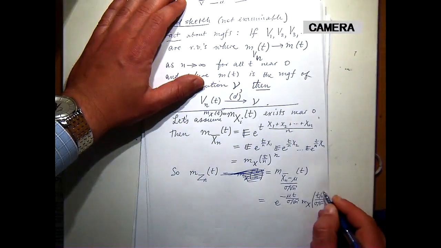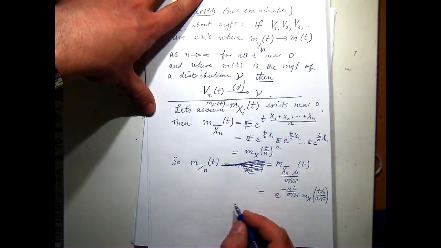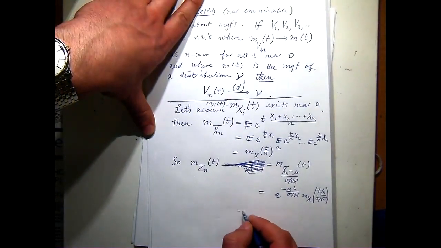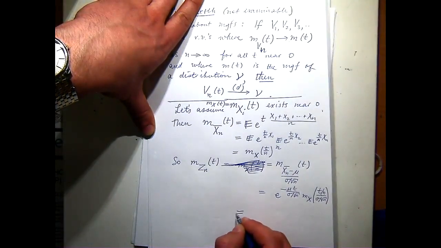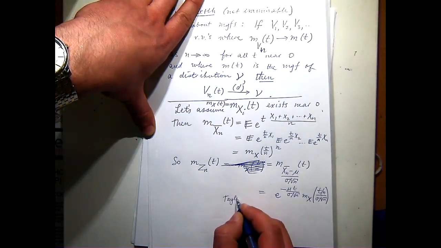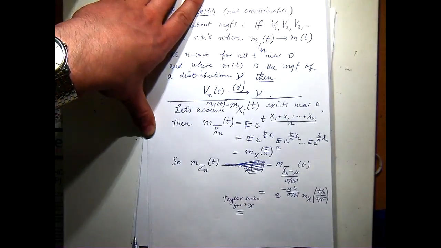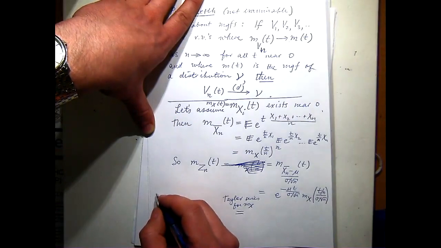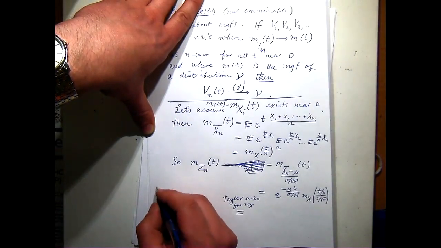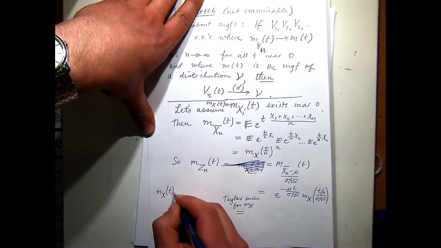Okay, so that's what mzn of t is. The key thing that we have to do is use a Taylor series for mx. Now, why is there a Taylor series of mx? Well, because we know there is a mean and there is a variance, and we know that moment generating functions expand out to give you the mean and the variance.